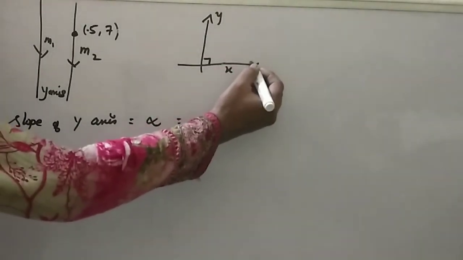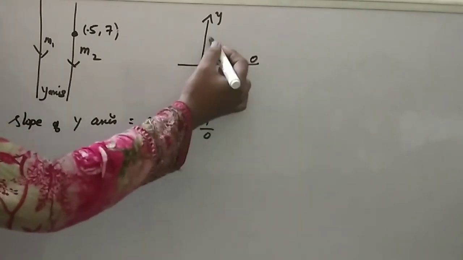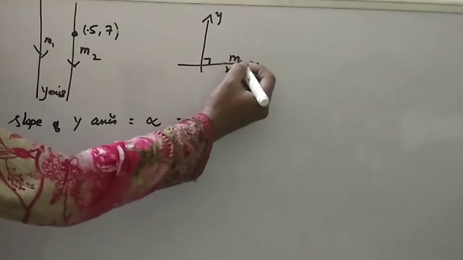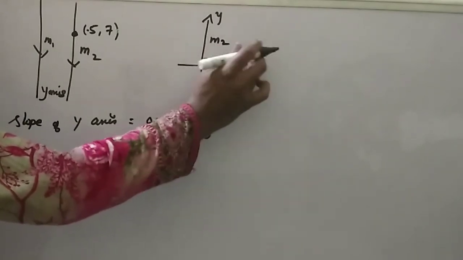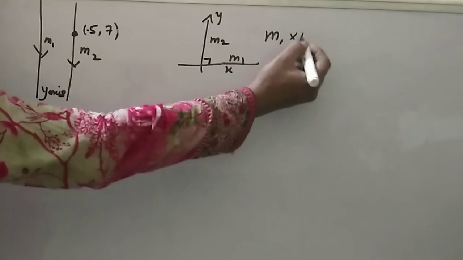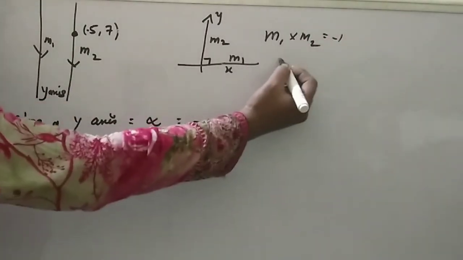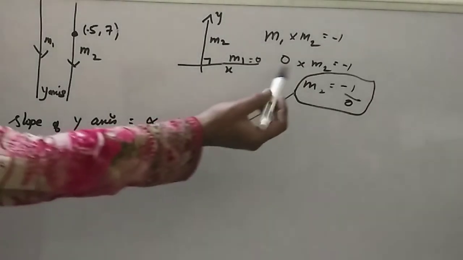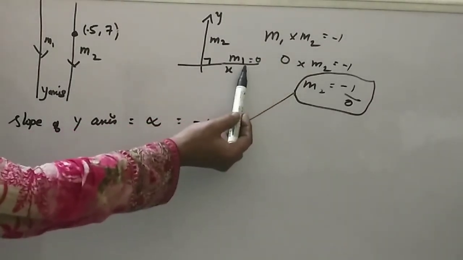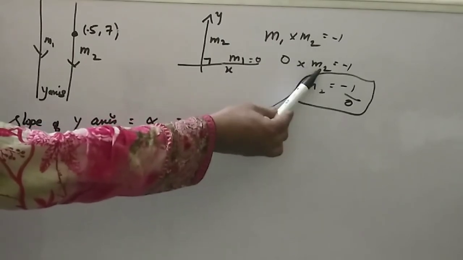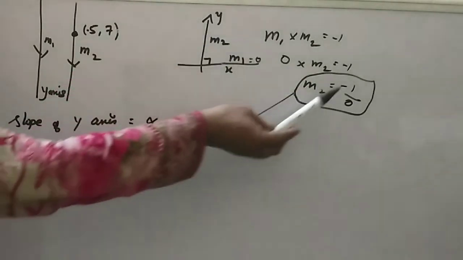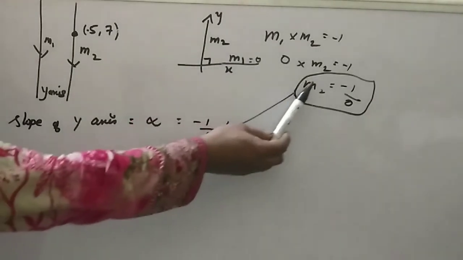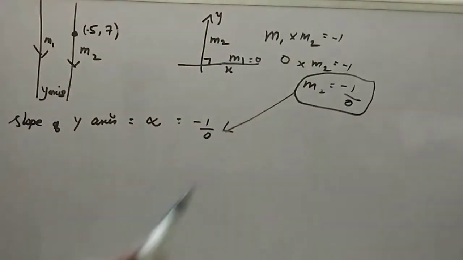The slope of the x-axis is 0 and for the y-axis, this is m1 you take and this is m2. Apply the condition: m1 into m2 is equal to minus 1 and m1, the slope of the x-axis, is 0. And m2, the slope of the y-axis, we have to find, is equal to minus 1 because the lines are perpendicular to each other. Therefore, m2 you got minus 1 upon 0.